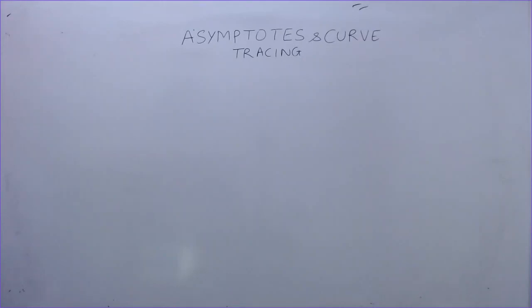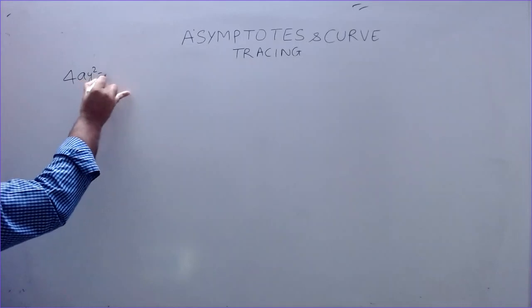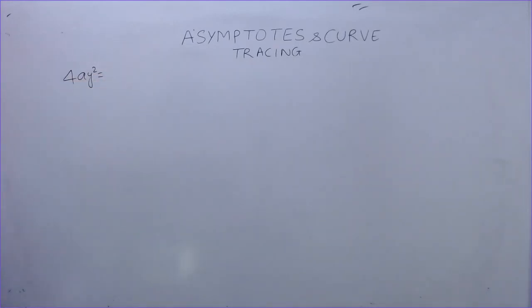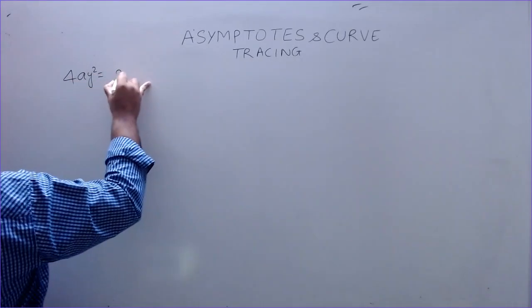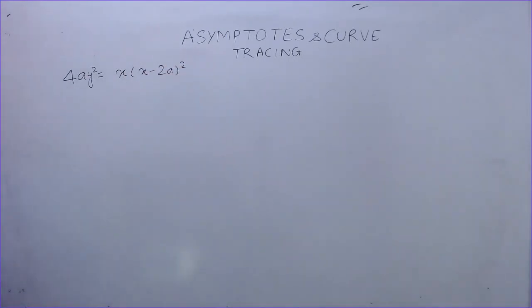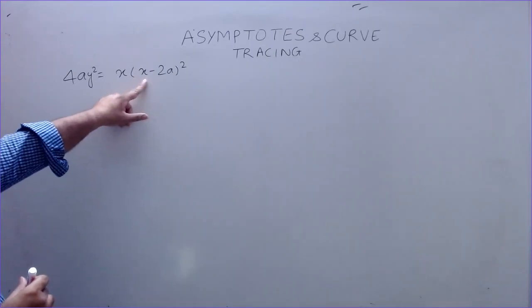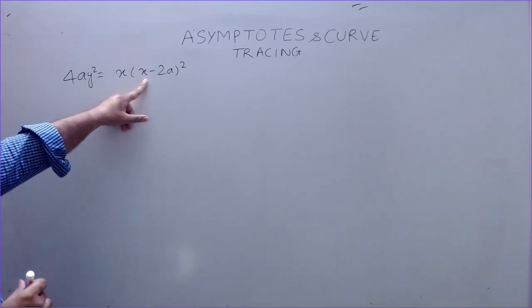The equation is 4ay square is equal to x into x minus 2a whole square. So how to draw this curve? First of all, symmetry. Here you can see the power of x will be even as well as odd.